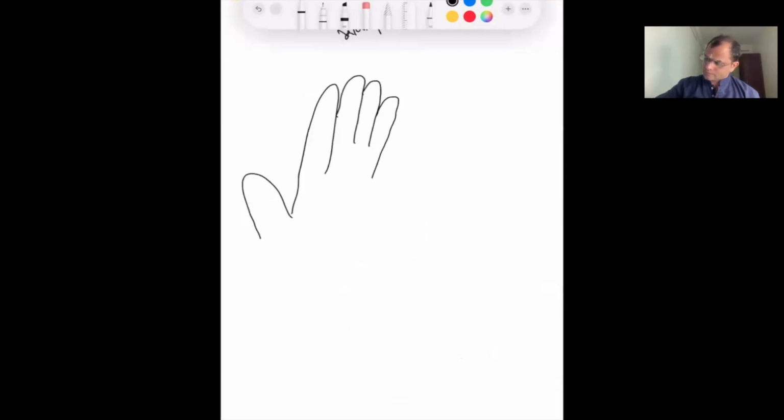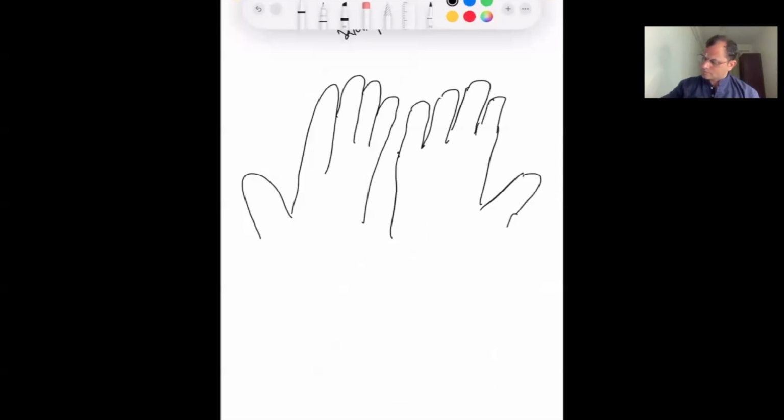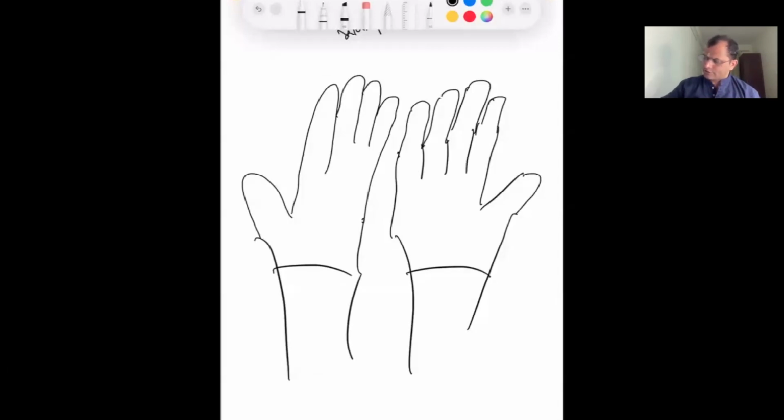So now I will make 2 hands. So I am making both hands. Maybe not a beautiful hand, but you can understand.